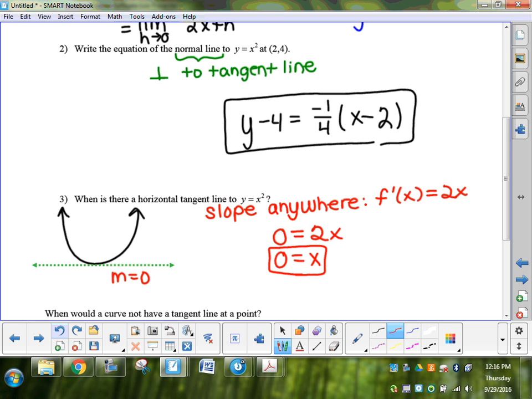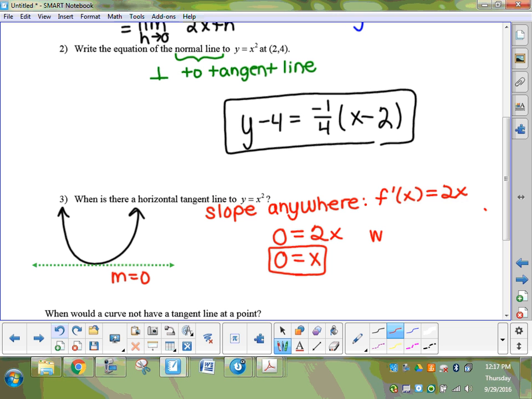Now, it says when. In terms of calculus, this is a big thing.